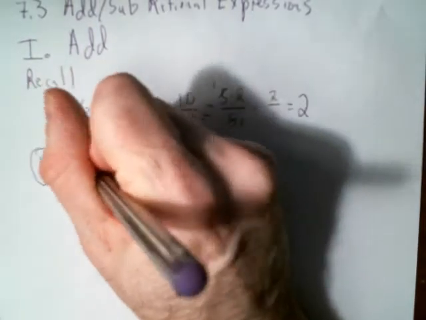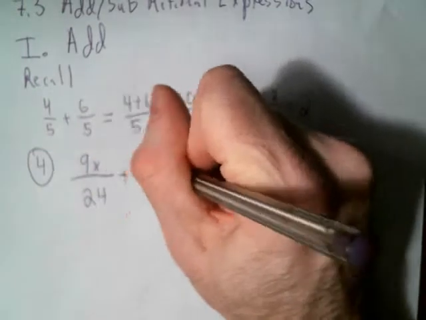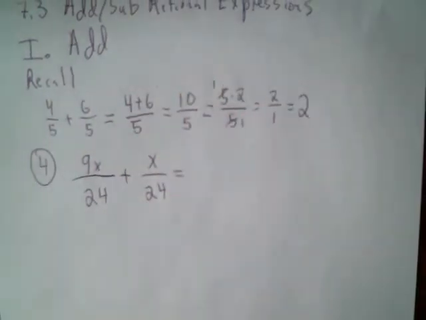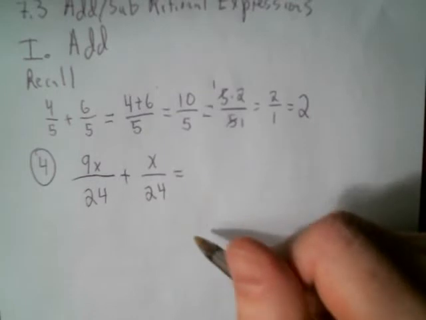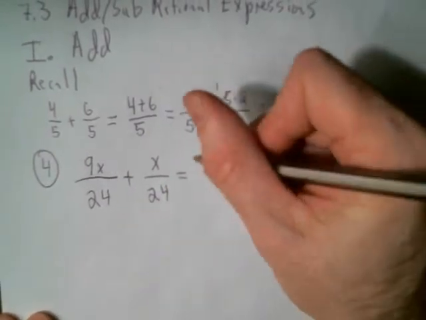So there's number 4 in the book, 9x all over 24 plus x all over 24. Okay, so it's pretty easy when they have the same denominator. We'll look at different denominators in the next section, but for now, they'll always have the same denominator. So we're just adding the numerator over the common denominator.